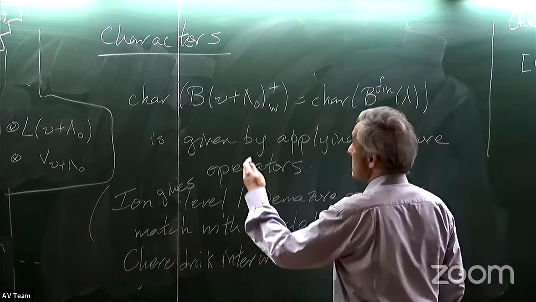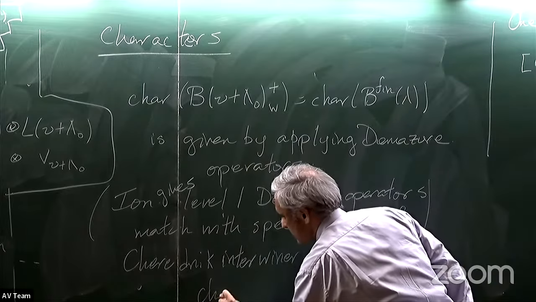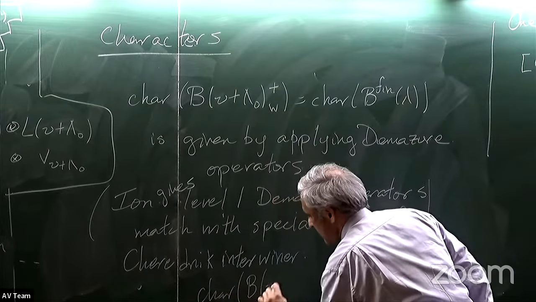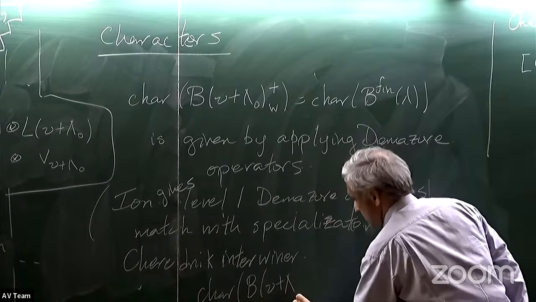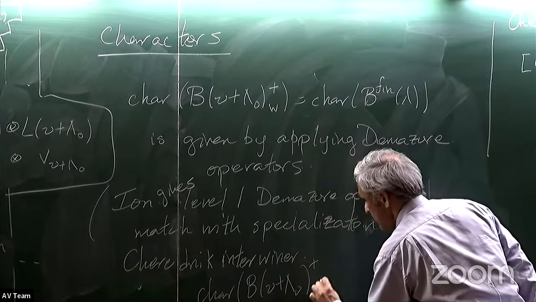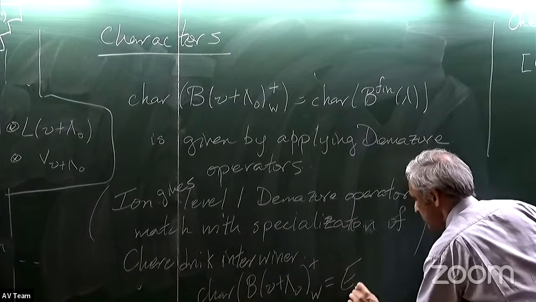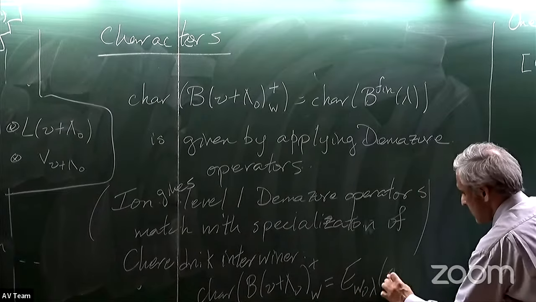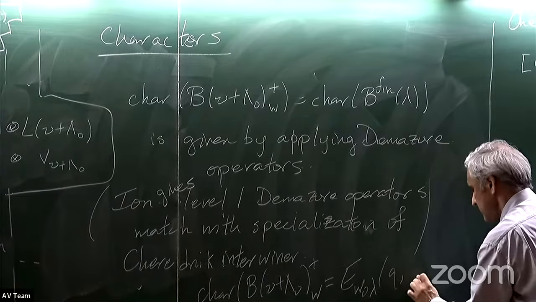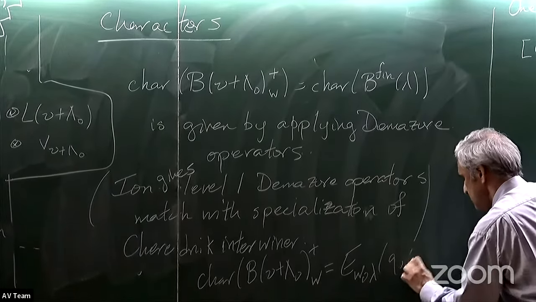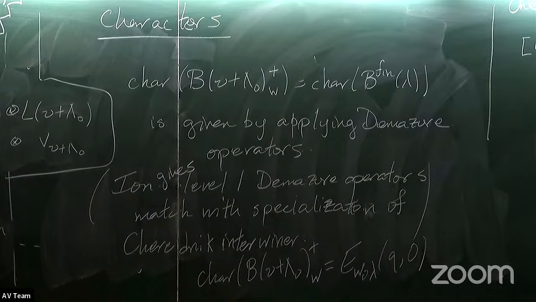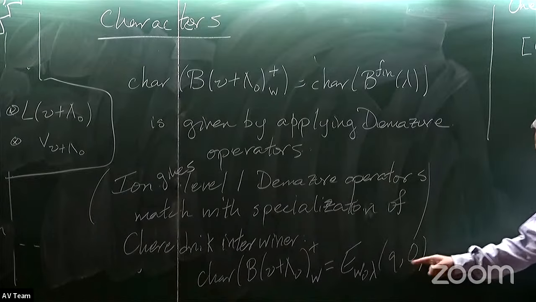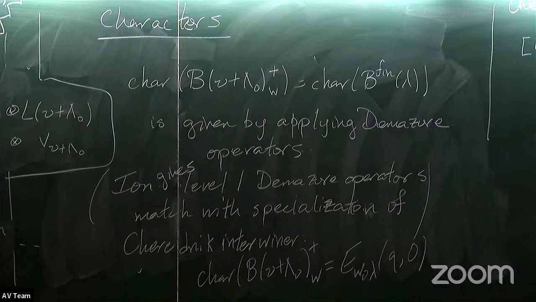And so that tells you that this character can be identified as a non-symmetric Macdonald polynomial, specialized. Depending on how you do it, at infinity or zero, there's two ways to do it. In my paper with McGlade and Young, we did several examples so you can see what the difference is.